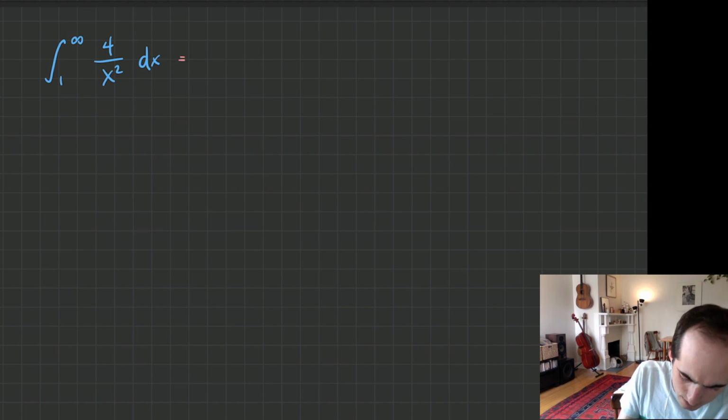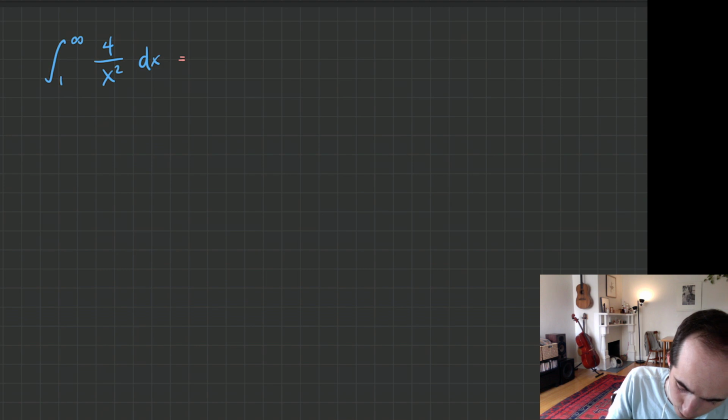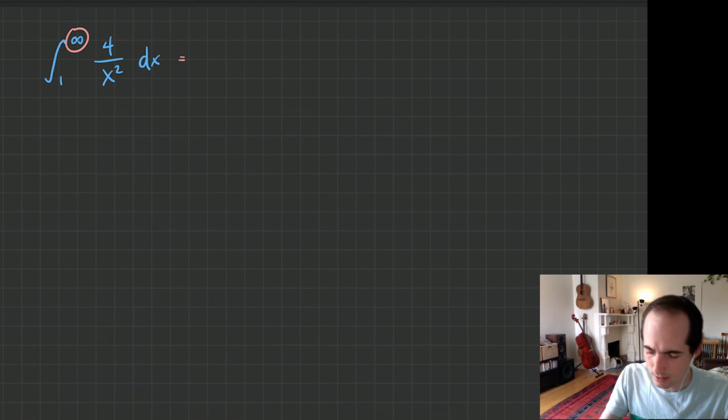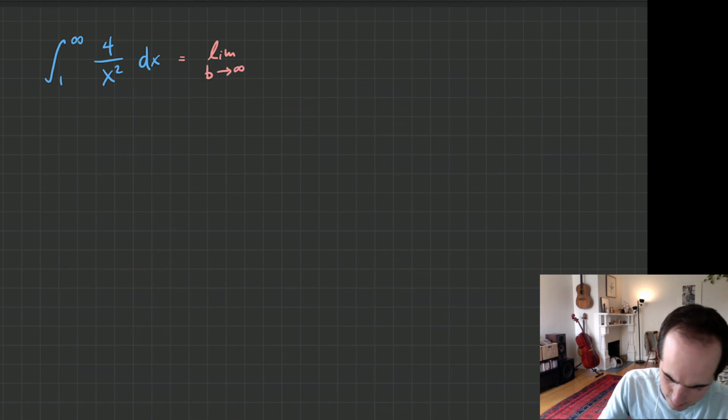Okay, so let's start off by writing this as a limit. I'm going to use the variable b because it's like the right-hand endpoint, and usually we go from a to b. So I'm going to say that this is the limit as b goes to infinity of the integral from 1 to b of 4 over x squared dx.